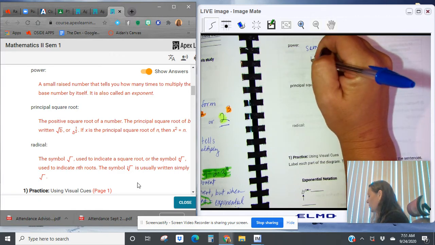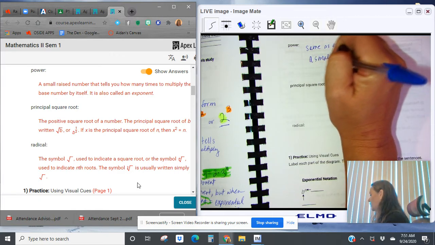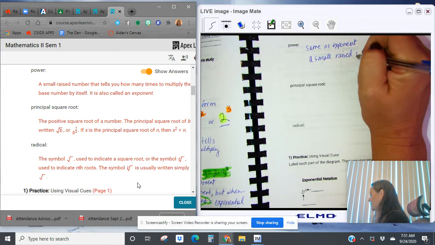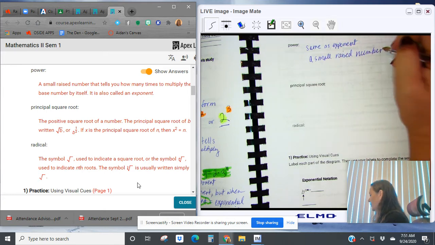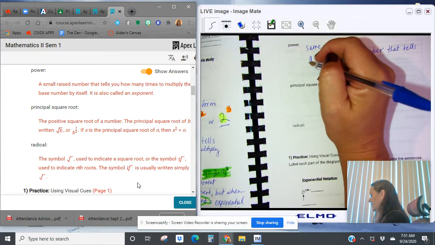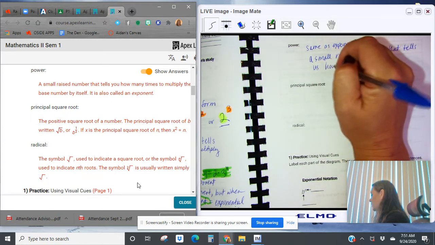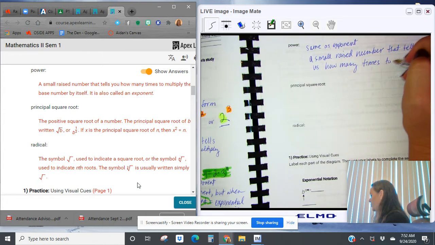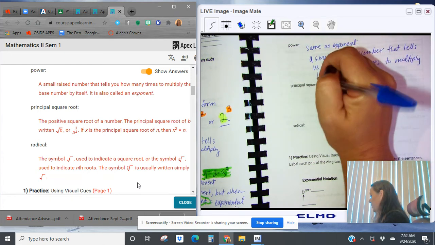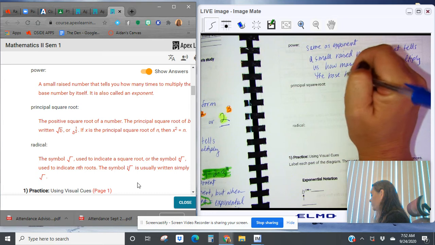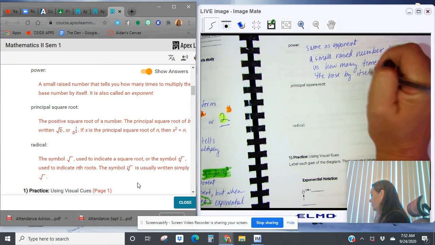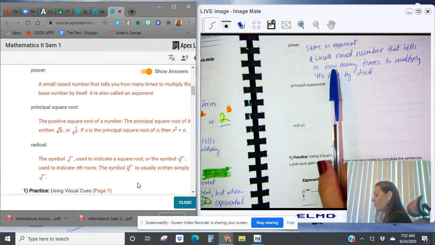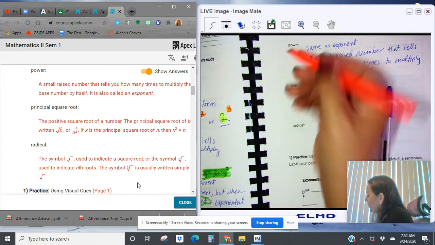It's the small raised number that tells us how many times to multiply the base by itself. And so a power is the same as an exponent.